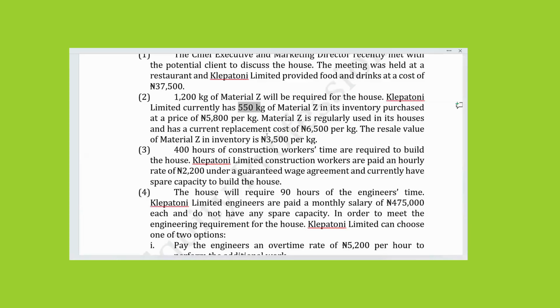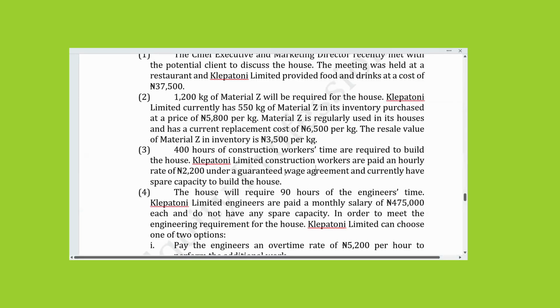Therefore, scrap value or disposal value should be considered if it can be ascertained that the material is no longer needed and will be disposed of. So in this question, we are not told this 550 kilogram will be disposed of, and that is why you are not going to recognize any saving. That information is just there until you are told that. So we don't need it. We are not going to dispose of it.